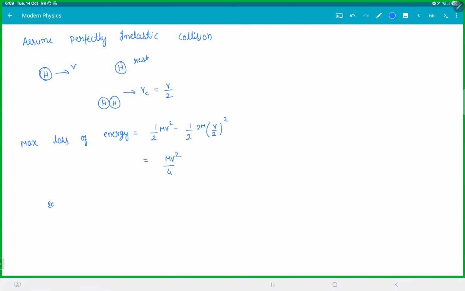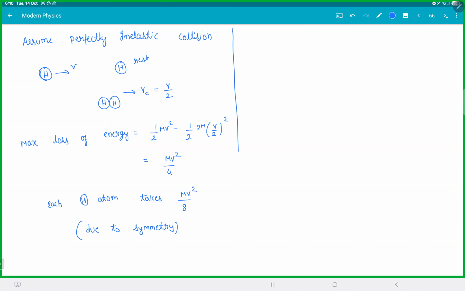Now here, if you observe, each hydrogen atom takes mv square by 8, because with both hydrogen atoms there is a symmetry, so each will take half of that energy. Till here, it is standard stuff.